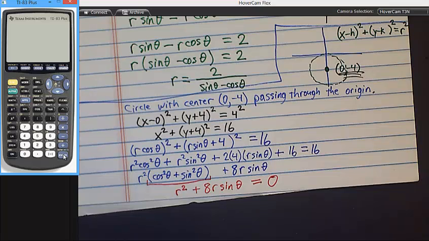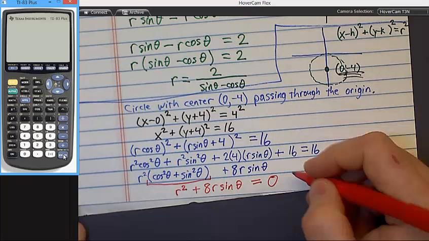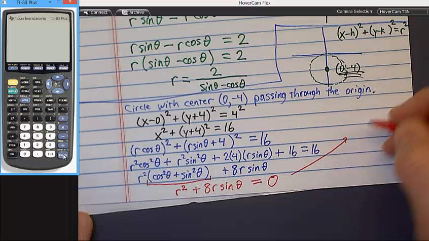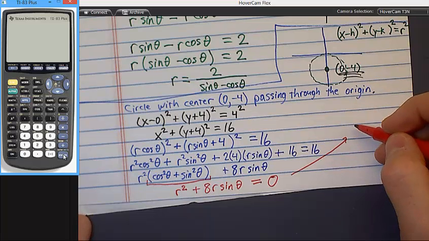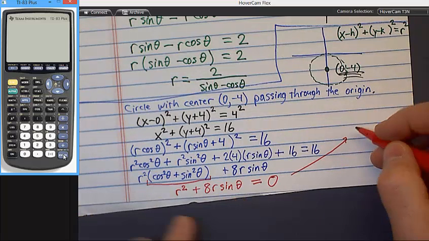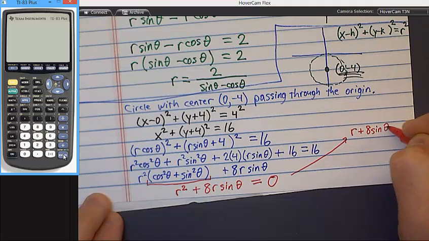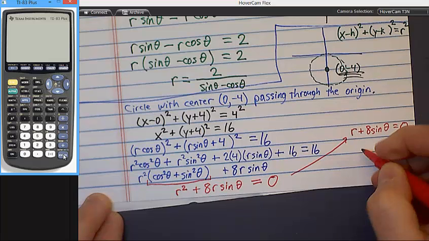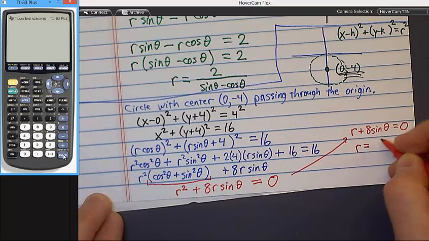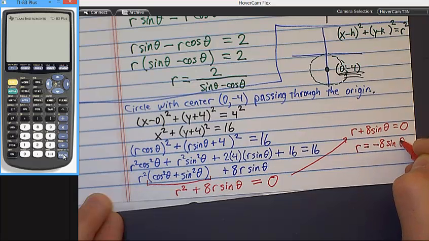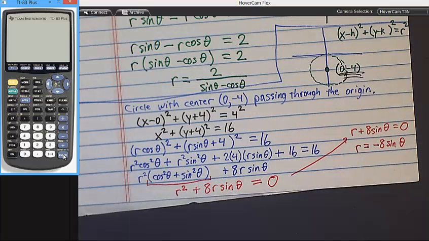All right. Next, moving up here. If I divide both sides by r, it's going to say r plus 8 sine theta equals 0. So what does r equal? Negative 8 sine of theta. Wow.